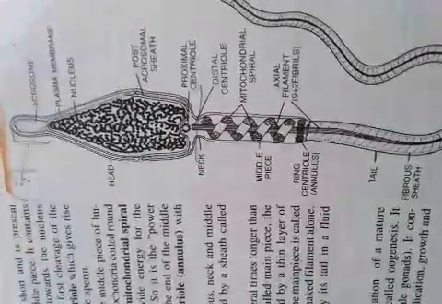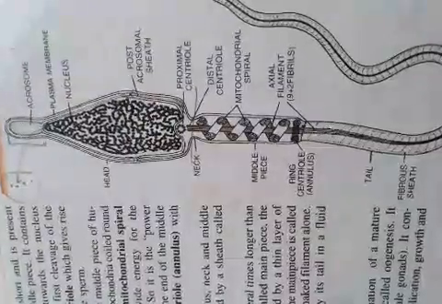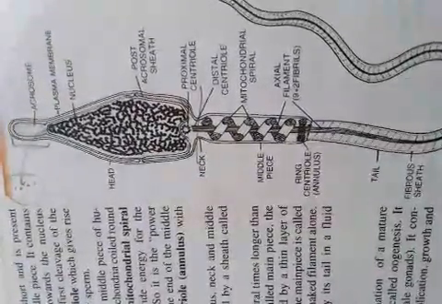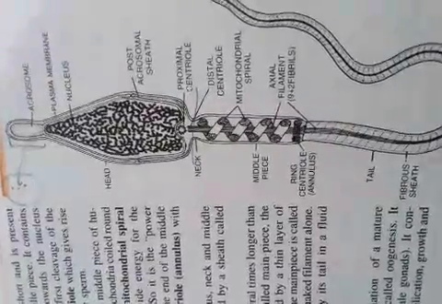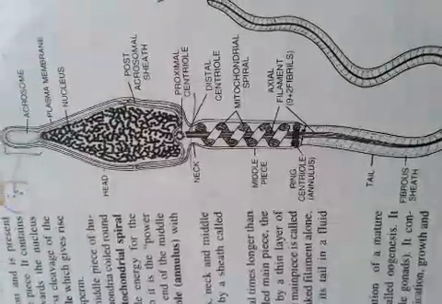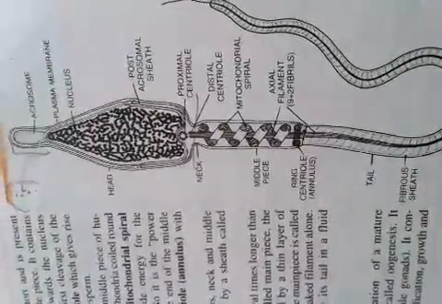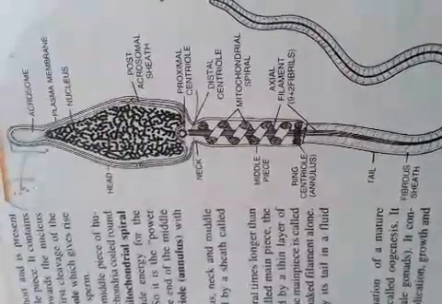So the acrosome comprises a number of hydrolytic enzymes, and it is the structure which is responsible for the penetration of the nucleus into the female ova. So acrosome is very necessary for the degradation of the membrane to ensure the fertilization.